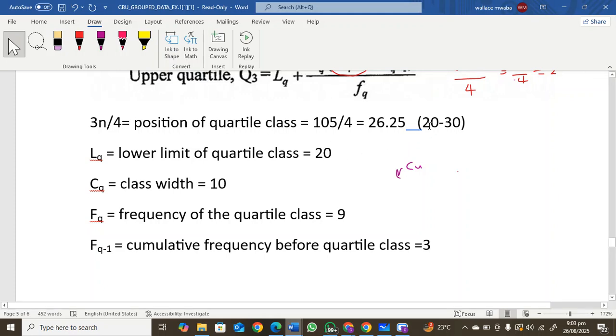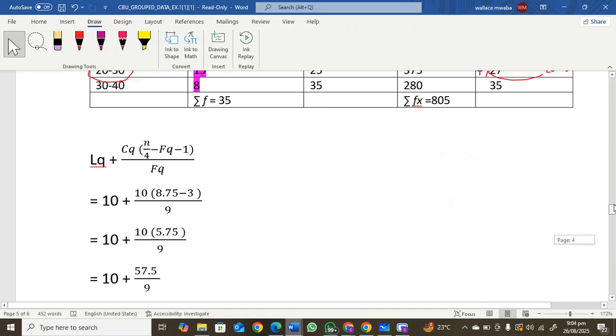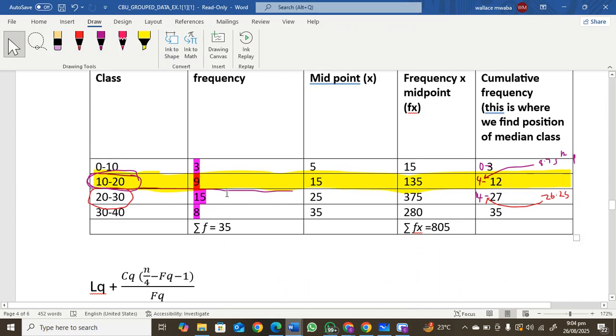Class width, 30 minus 20, 10. Frequency of the upper quartile class, 15.